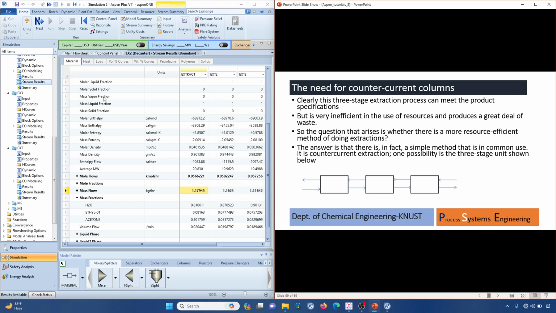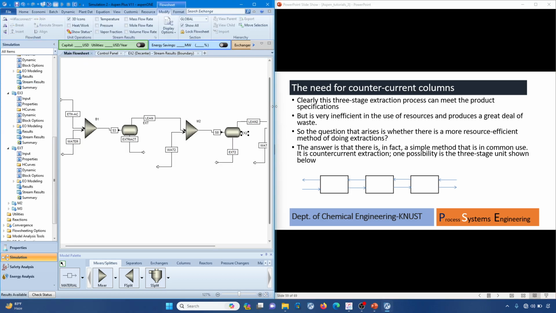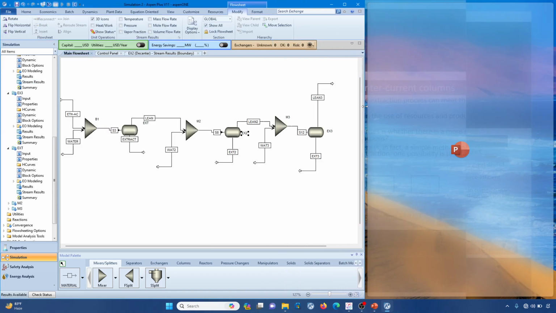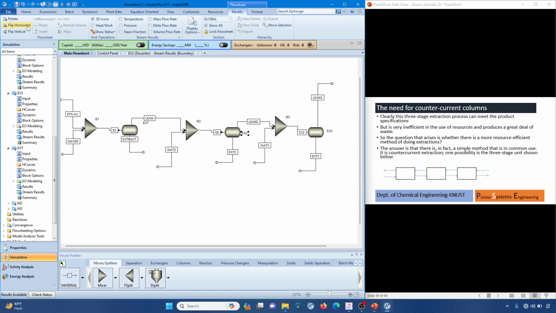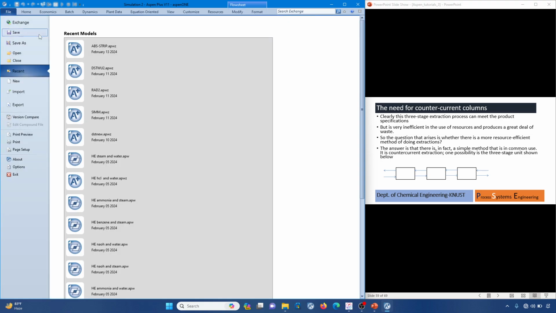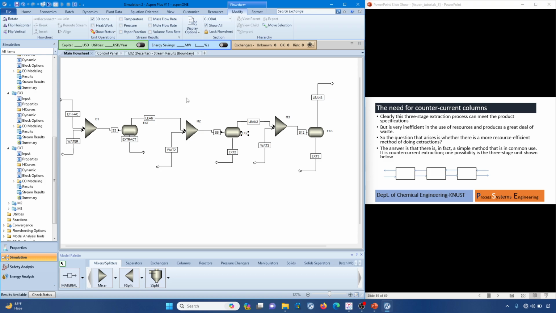Fortunately, there is a unit dedicated for this in Aspen. So we are going to head back and do that. So maybe you should create a new simulation so we can compare, or save this as another file and edit.